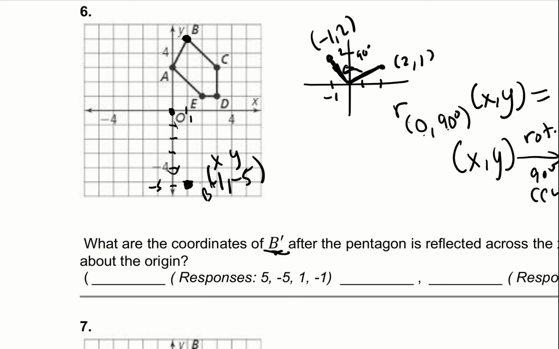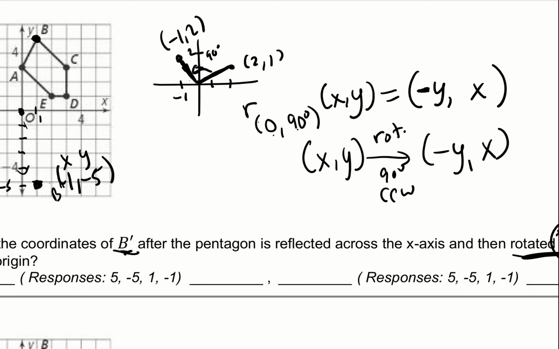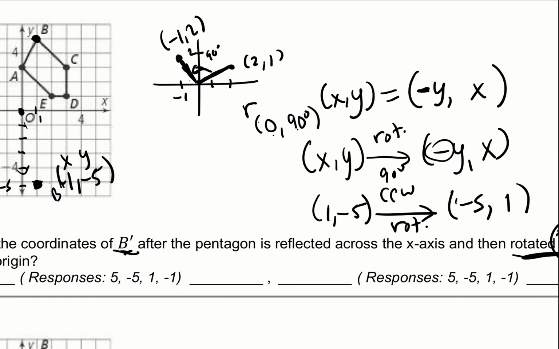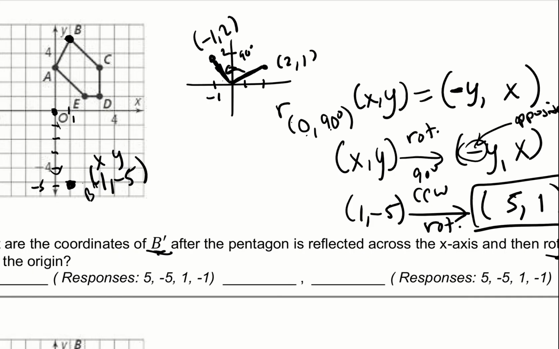So if I put this into that transformation, using that rule, 1, -5, let's do a rotation. Then you're going to switch the x and the y together. So it's going to be -5, 1, and then you're going to negate the y value. So right now the y value is 1... and the x value is -5, so it's going to be negated and be +5. So you switch the sign. This doesn't necessarily mean that there's a negative sign. This just means that you're going to take the opposite of that value, and the opposite of -5 is 5. So this is going to be my new coordinate.